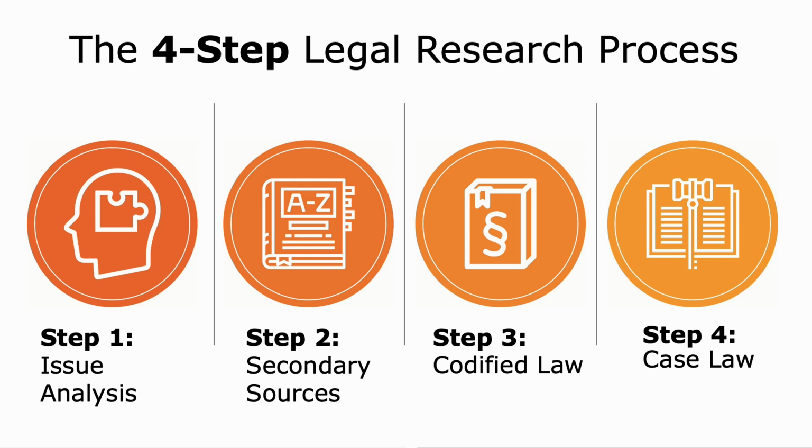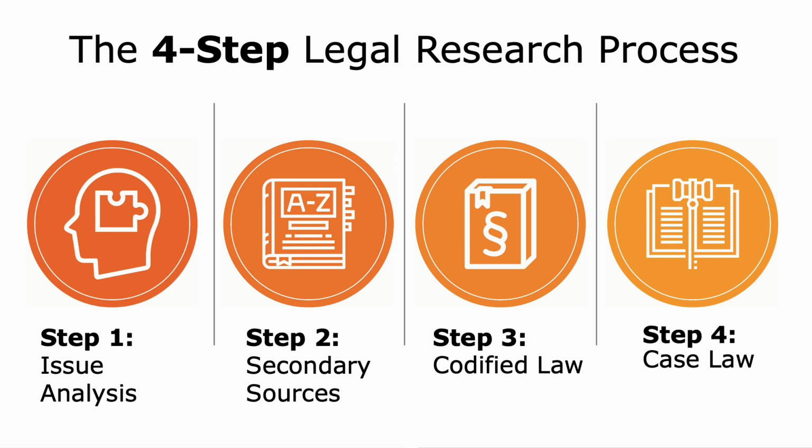So using the sources in order to gain familiarity with the area and issue of law, and then point us to relevant primary law, right? So step 3 is seeking out relevant codified law, right? So looking at relevant statutes or regulations, court rules, right?